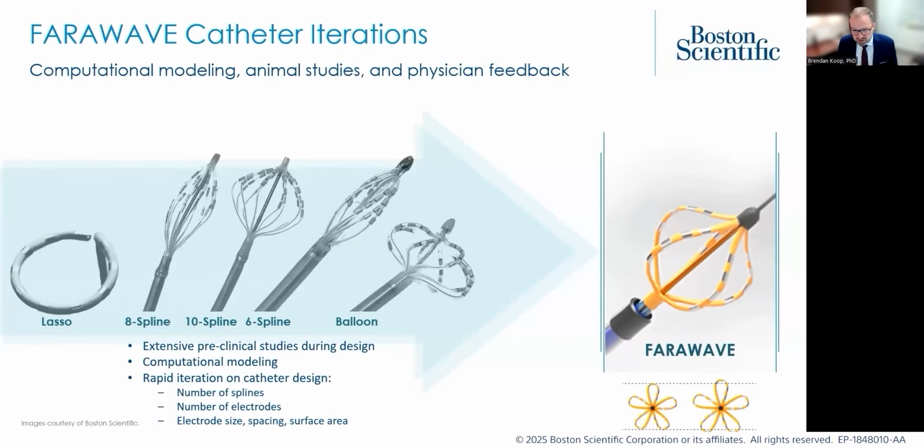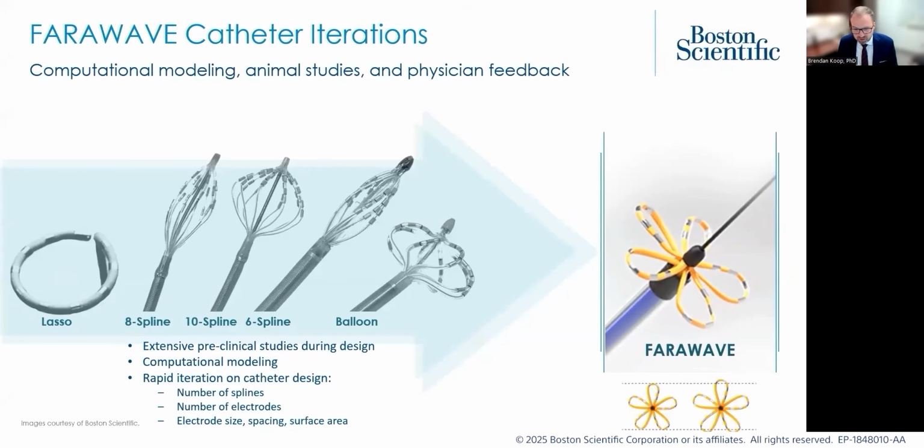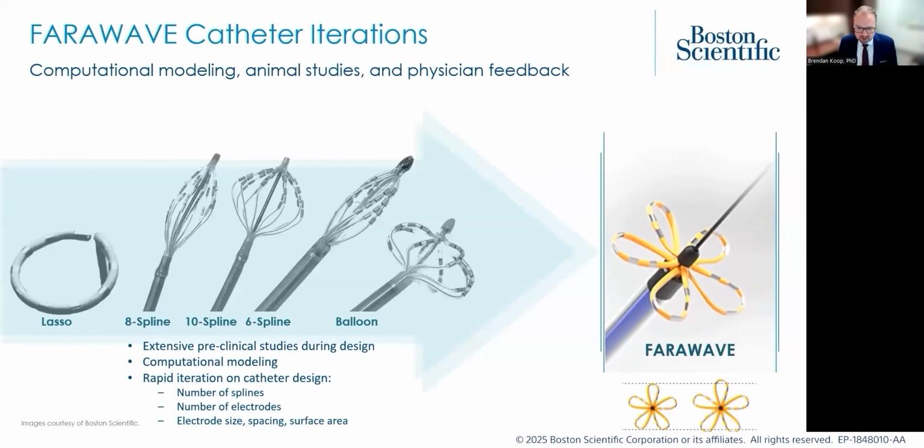So the way that was done with FARAWAVE was with extensive preclinical studies during the design, computational modeling, and rapid iteration on the catheter design, both within Boston Scientific, and then once we brought in FARAPulse, we researched many different catheter designs, including a lasso type design, with the difficulty being that tissue apposition is difficult with that type of form factor to be consistent, and it's hard to connect crescent shaped lesion zones.